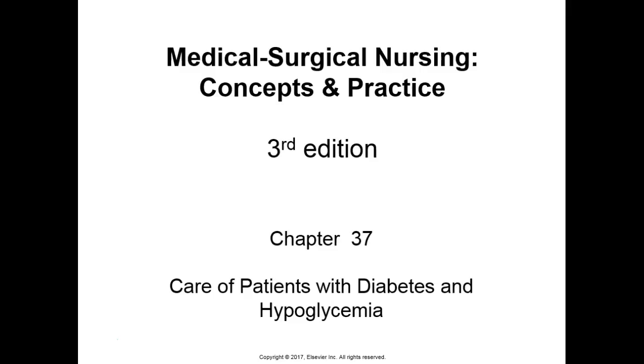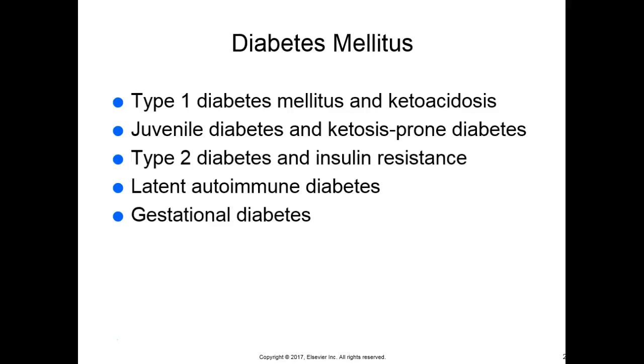In this section we're going to talk about the care of patients with diabetes and also the care of patients with hypoglycemia. Now, diabetes mellitus is actually a group of diseases in which there is a disturbance in the metabolism and use of glucose secondary to a malfunction of the beta cells of the pancreas.